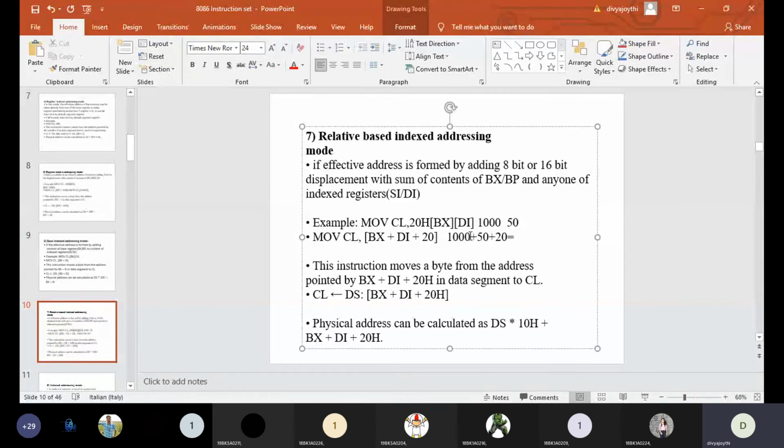So the final resultant offset address is going to be 1052. So the processor will move on to the location 1052. Whatever data is present in 1052 will be transferred to the destination register.